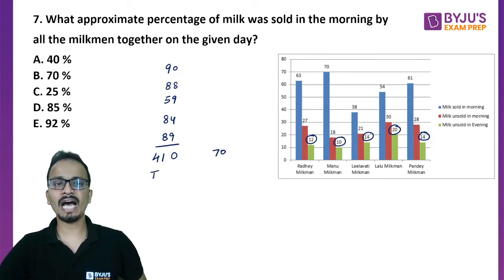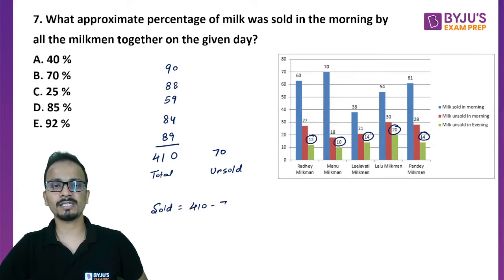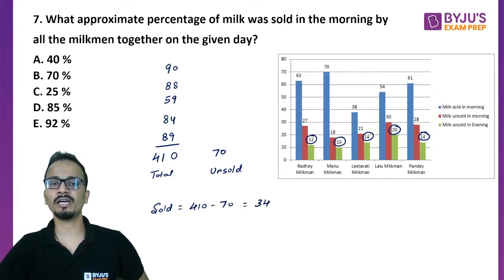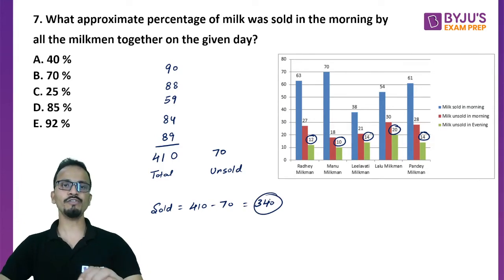So we have a total of 410 liters, out of which 70 is left unsold. So that means what is the sold quantity of milk? 410 minus 70, that is 340. So 340 liters sell ho gaya, right?